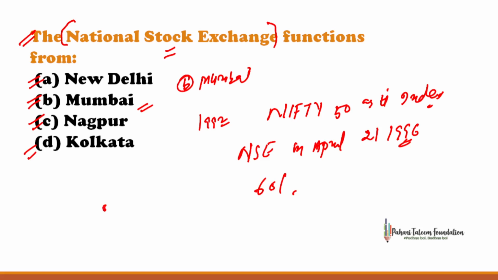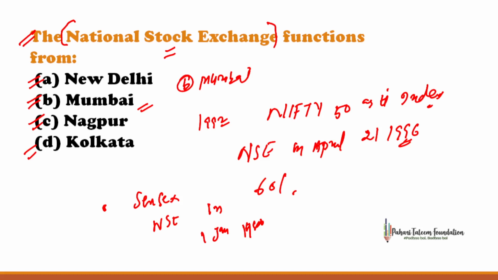Okay. Some other points, like Sensex. There must be a point, that is Sensex was introduced by the Bombay Stock Exchange on 1st January 1986. Okay. So these are the points.